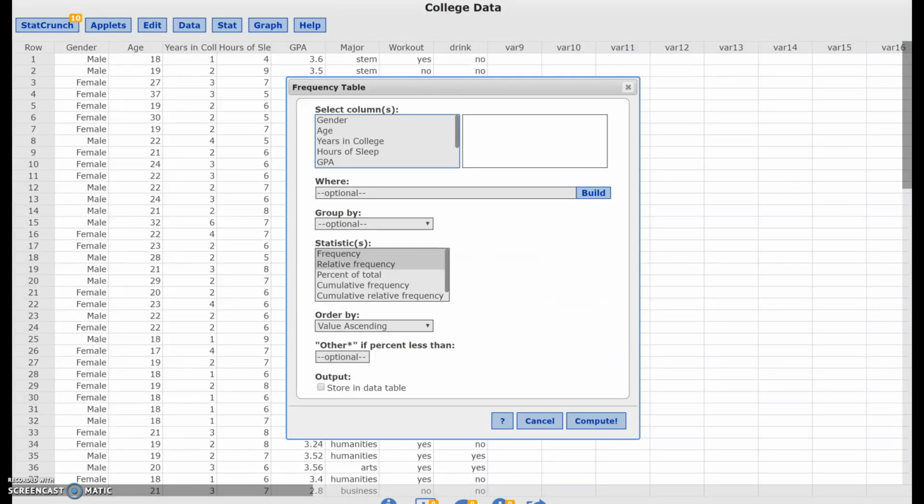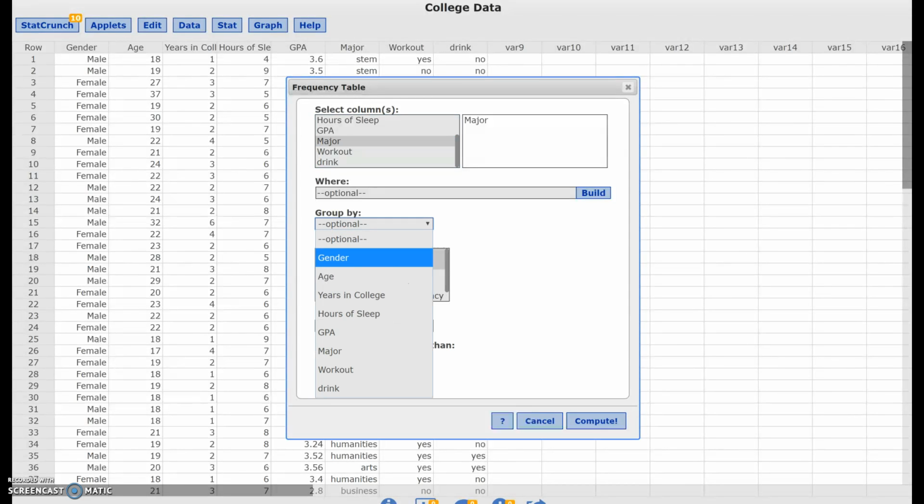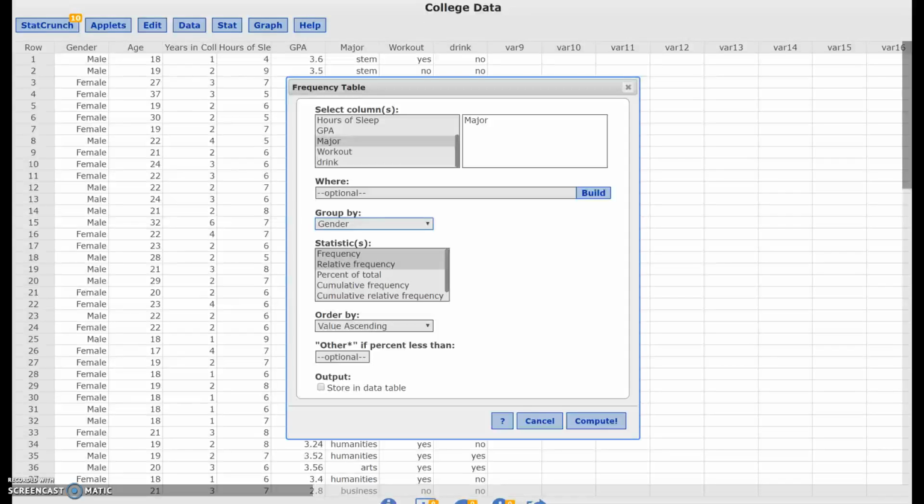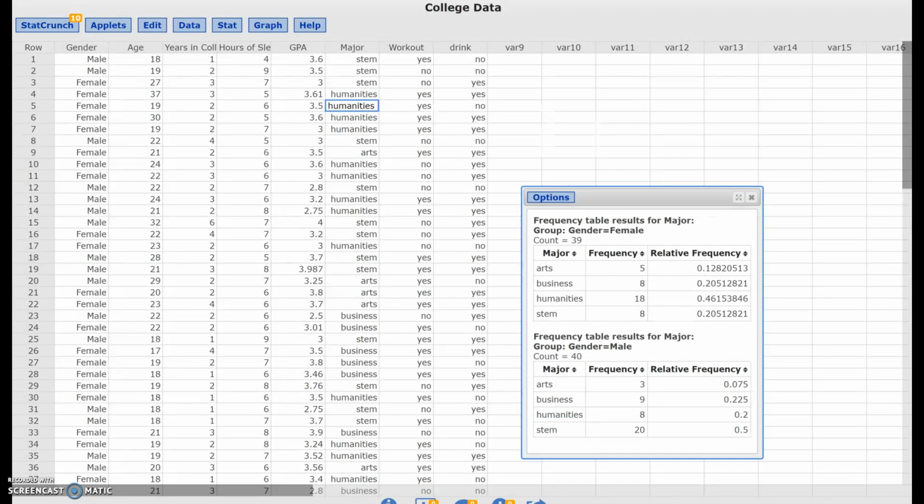Okay, so what this is going to do, let's go ahead and click on Major. Okay, and then let's go ahead and group it by both male and female. Okay. So here's what this is going to pop out. So you'll get a table. Here it tells you, okay, of the females I have 39 females.